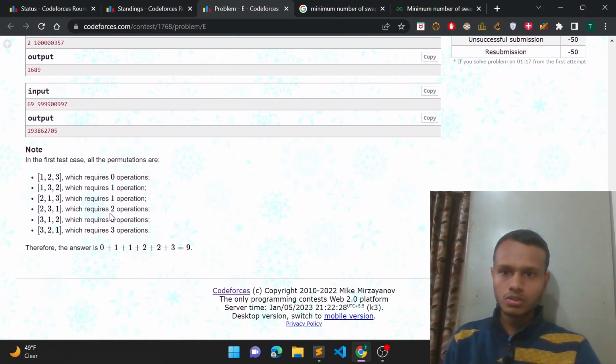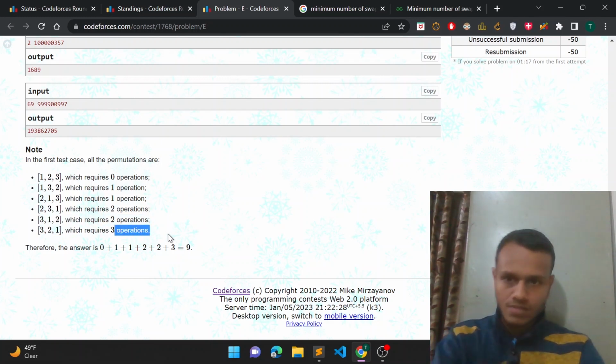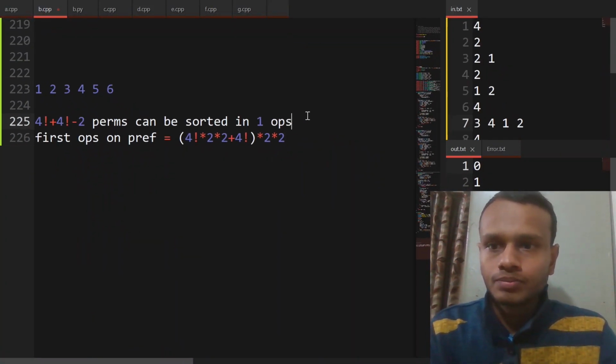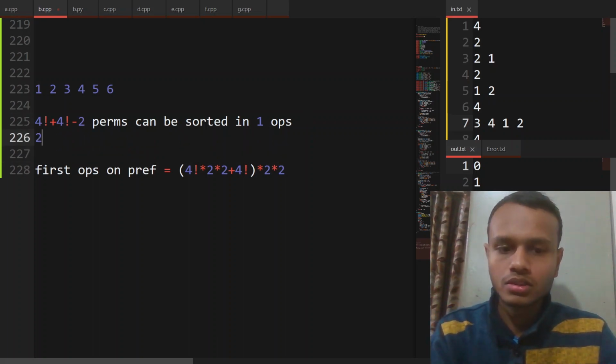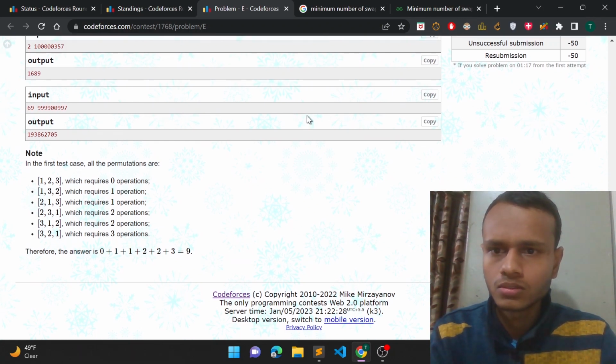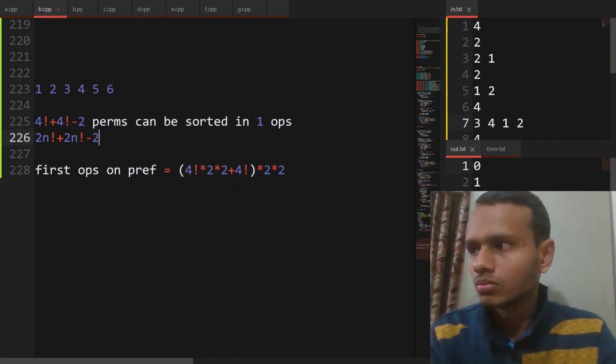Here the two operations were these two only. And only one of them required 3 operations. So it can be written as 2n factorial plus 2n factorial minus 2.